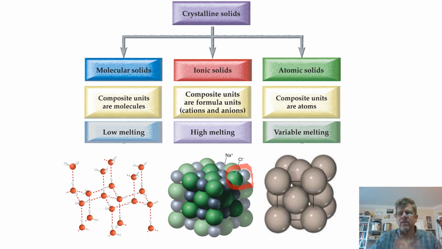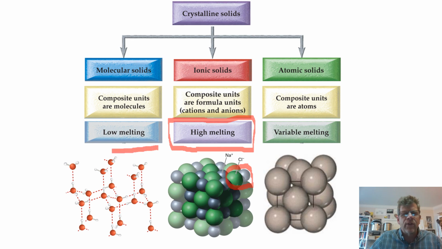It eclipses the strength of any of our intermolecular forces, even hydrogen bonding. So really, the ionic solids are so high melting because their ions are held together literally by very, very strong ionic chemical bonds.